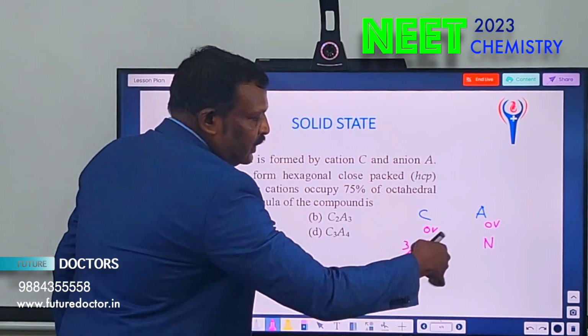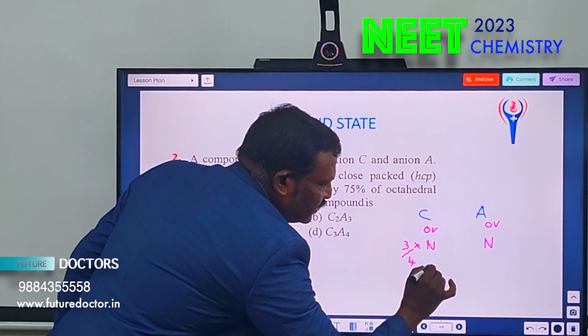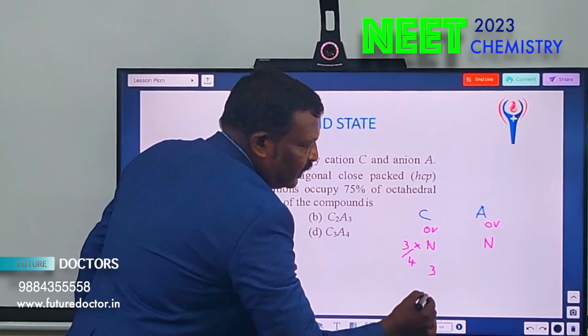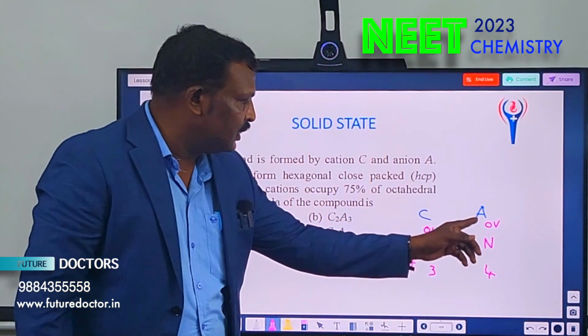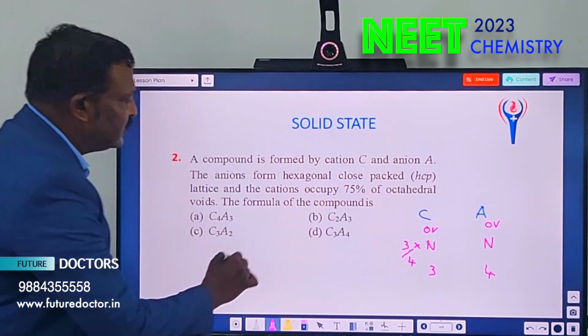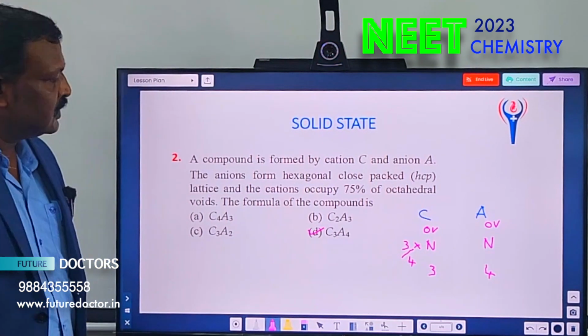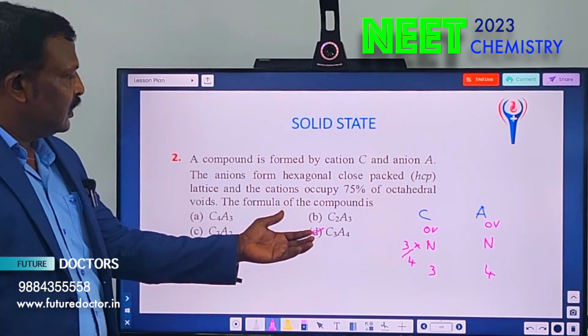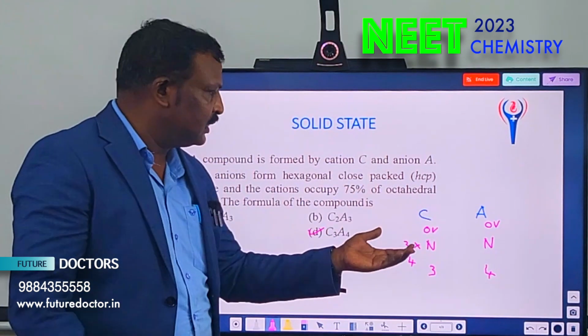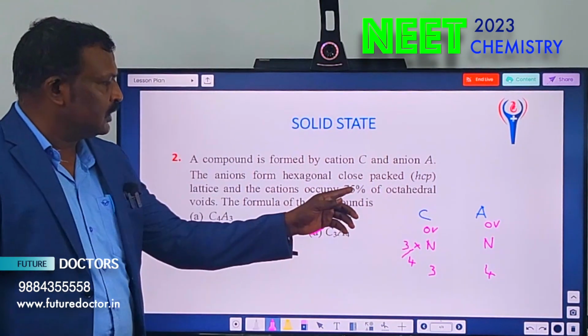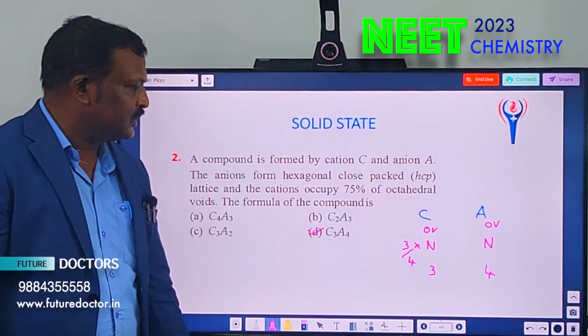Now n and n cancel, and we simply get C3 and A4 after cross multiplication. So the formula is C3A4, and D is the correct answer. Simple one. So you must know octahedral voids means only n, the number of atoms. Tetrahedral voids means 2n. And 75% I put as only 3 by 4. This is all you must know.